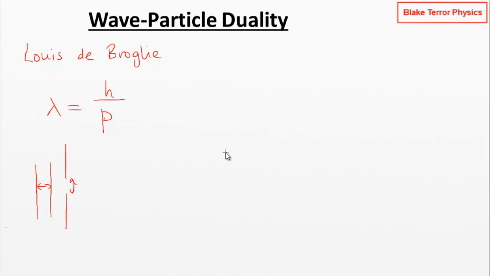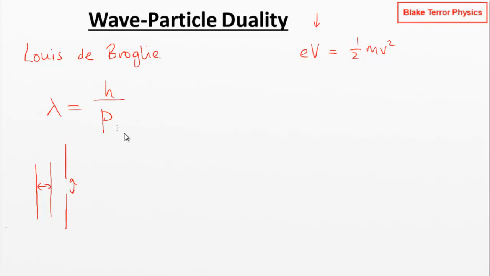Say we were going to accelerate an electron. This is how we give electrons momentum normally: we get an electron gun and accelerate the electron through a potential difference. So the energy that we're providing to the electron is eV. This is our accelerating potential, joules per coulomb, multiplied by the coulombs, the charge on the electron. That's our energy in, and that's going to be the kinetic energy of the electron.